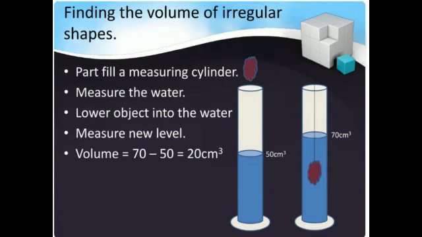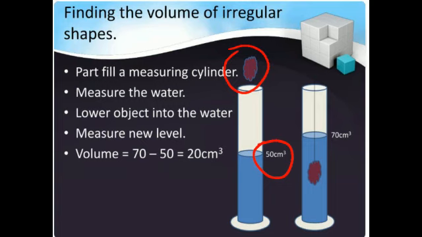Then we can also find the volume of irregular shapes. You know, science has the answer to all the problems. What do we do? We take a measuring cylinder and fill it with a known volume. For example, this cylinder already has 50 centimeter cube of liquid or water in it. Now we hang or suspend the material whose volume is to be determined with a string or thread, and we immerse it into the water.